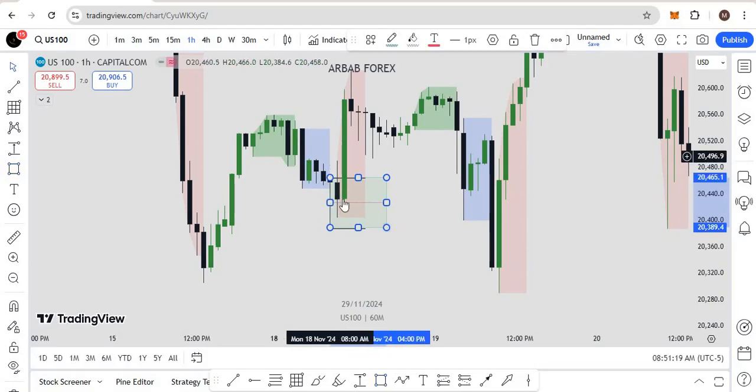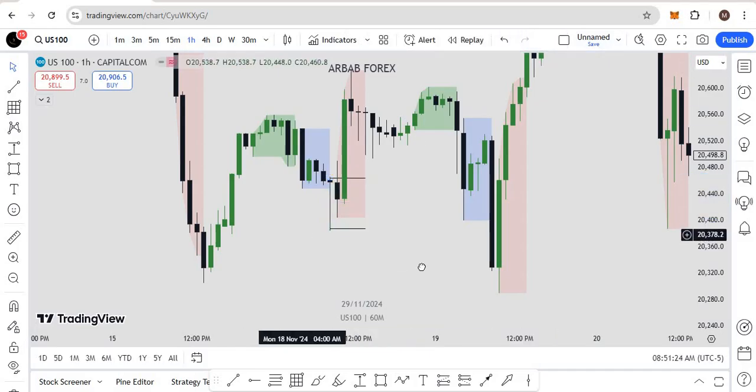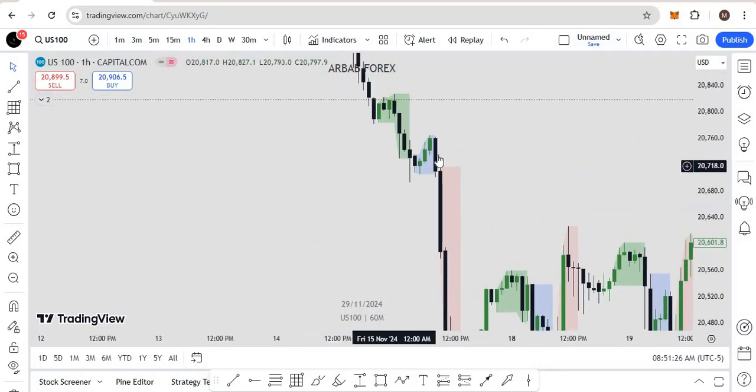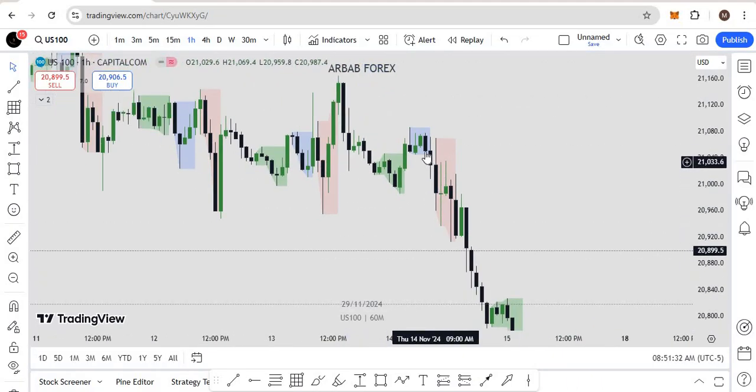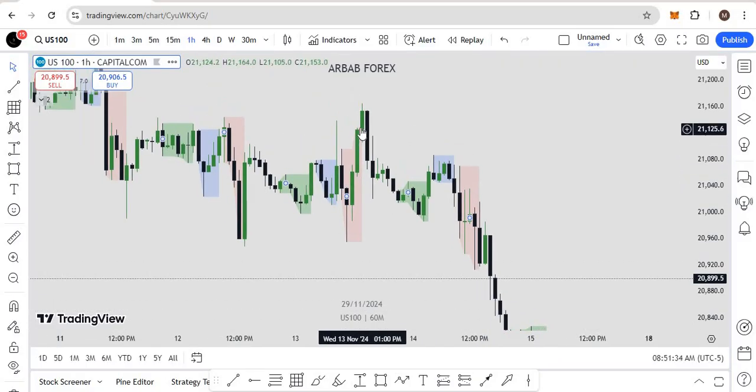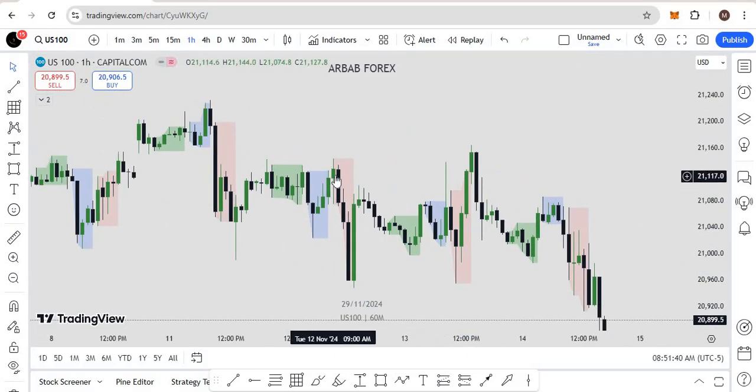Once you reach that area, you should be at break even or take some partials. That is how it works. No trade. No trade. No trade. Yeah, trade: liquidity, fair value gap, boom to the downside.